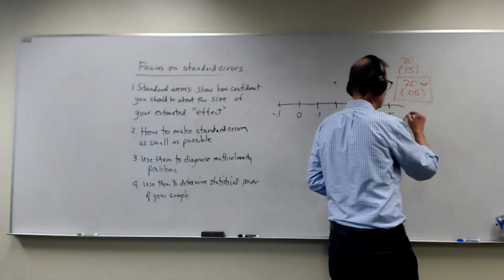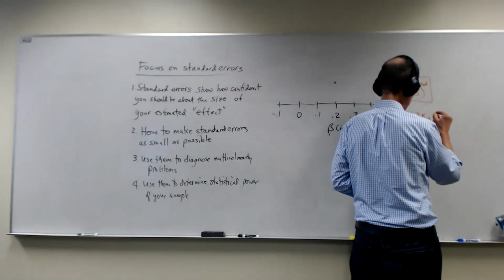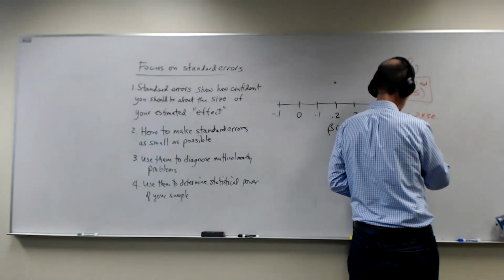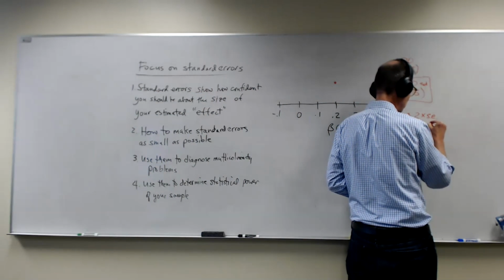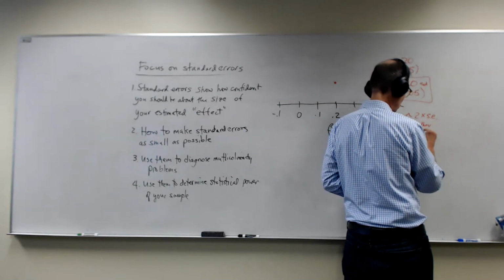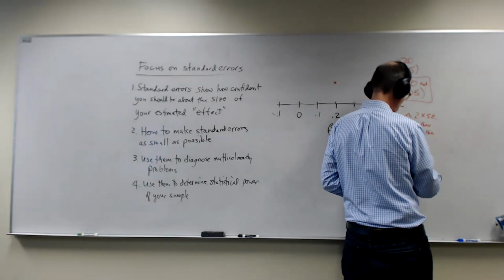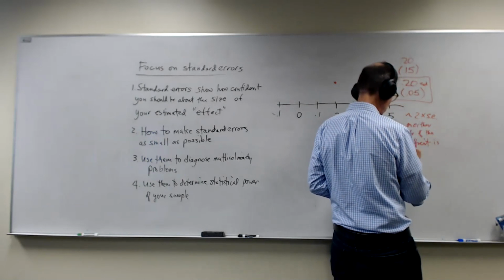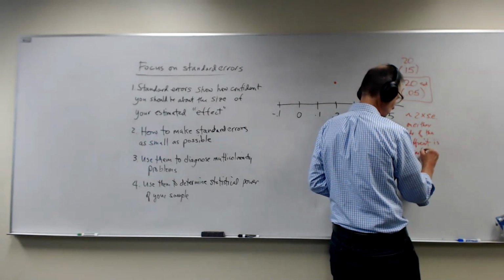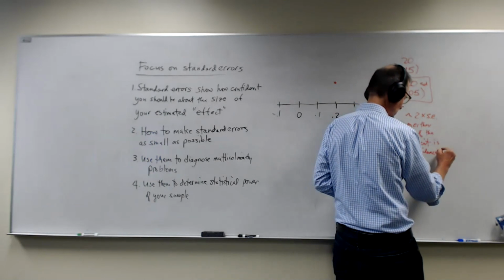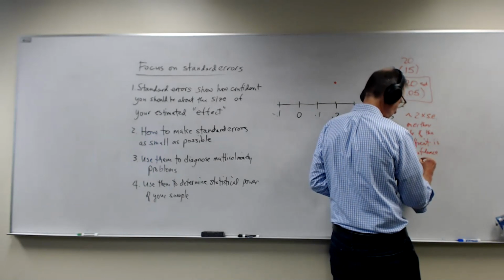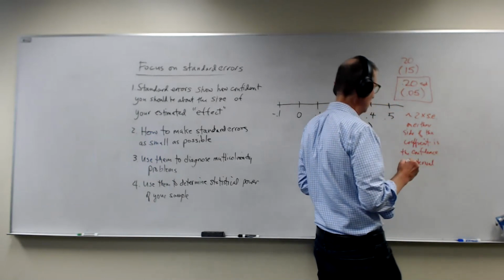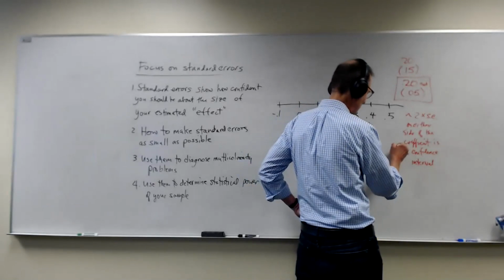Roughly speaking, 2 times the standard error on either side of the coefficient is the confidence interval. And in this case, because we chose 2, this is the 95% confidence interval.